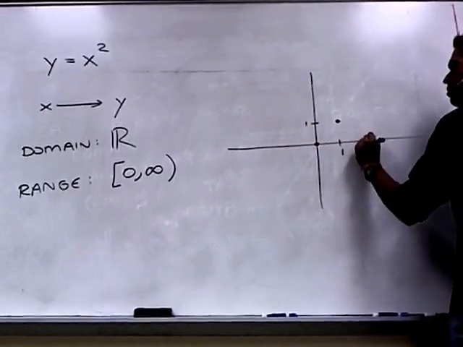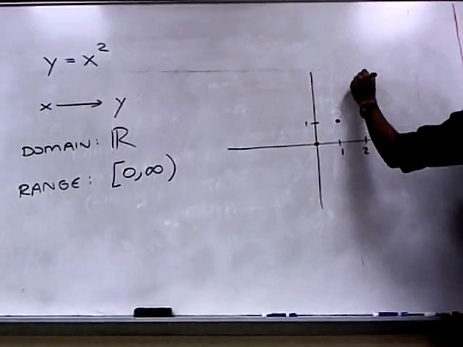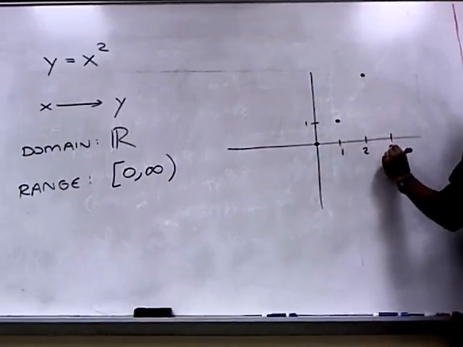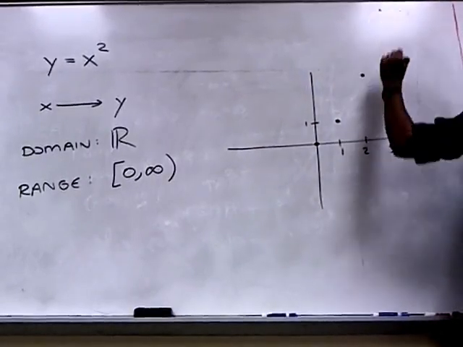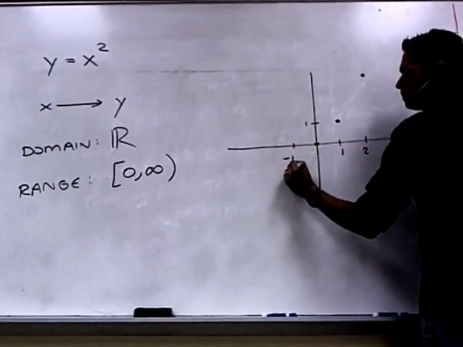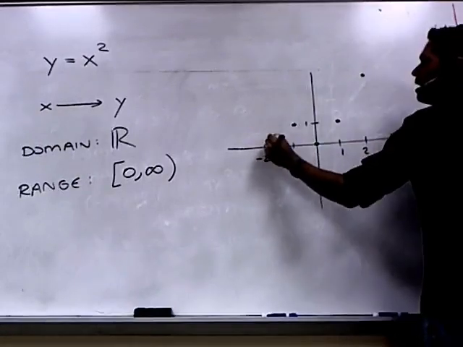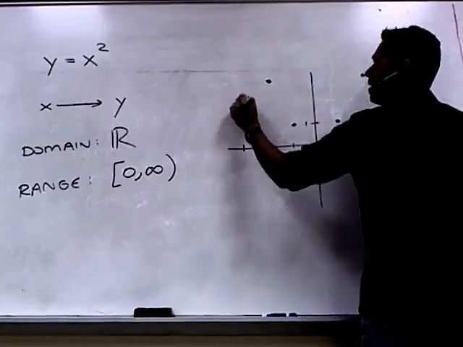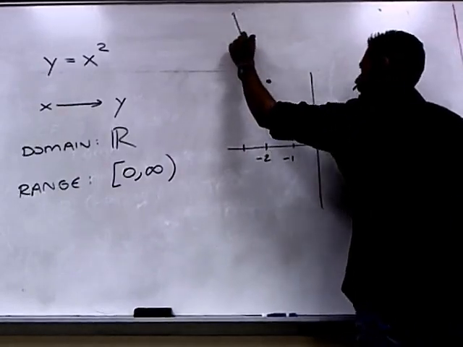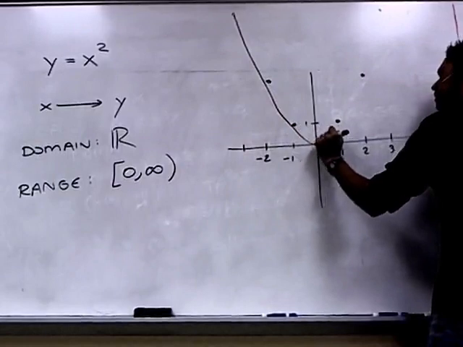If I plug in 2, what does it spit out? 4. If I plug in 3? 9. Now, what if I plug in negative 1? You get 1. Negative 2, when you square that, you get 4. Negative 3, you get 9. You're up here, and it's curved.